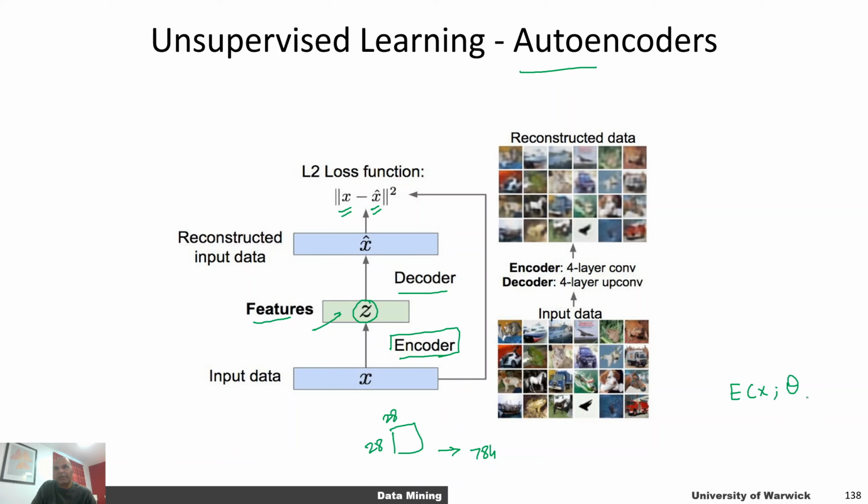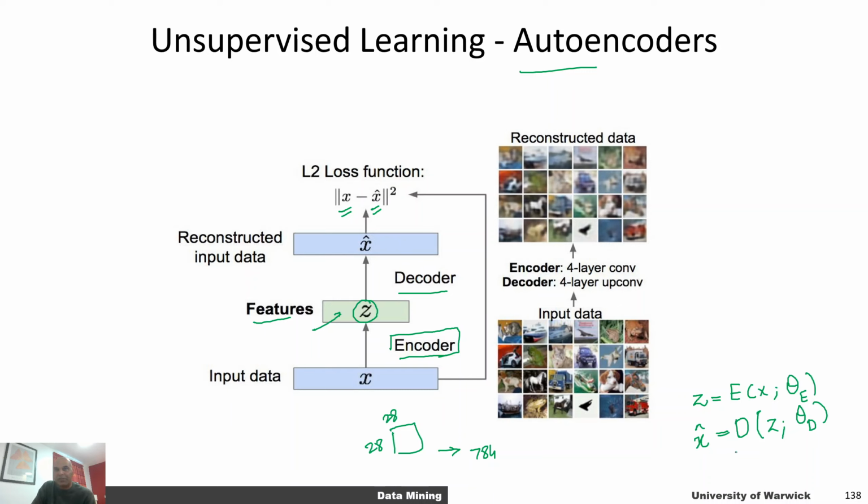It has a certain set of parameters or weights that I'm going to call theta E for encoder, and it generates, for a given example, an output Z. And this Z then goes into the decoder block, and the decoder has a bunch of parameters of its own. So it's a neural network that I'm calling D, and it takes that feature representation or code, as it is called, as input, and then generates a reconstructed version of this X.